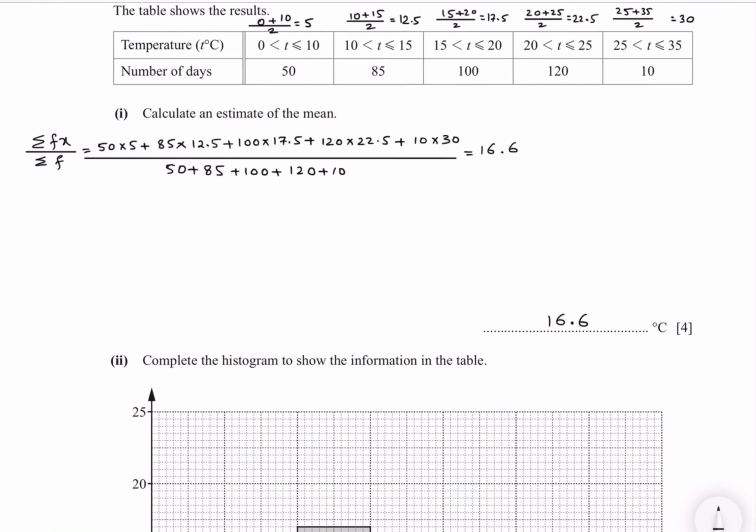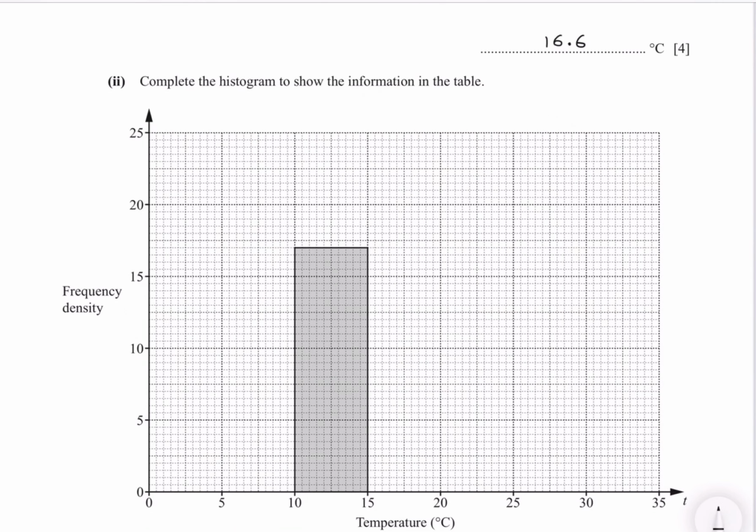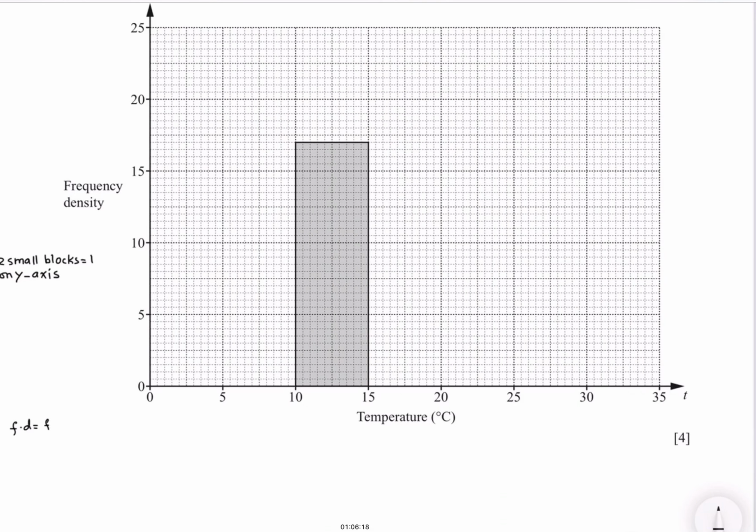Complete the histogram to show the information. So from 0 to 10, two small blocks equals 1 on the y-axis. This is important to know. So now frequency density equals frequency divided by class width.